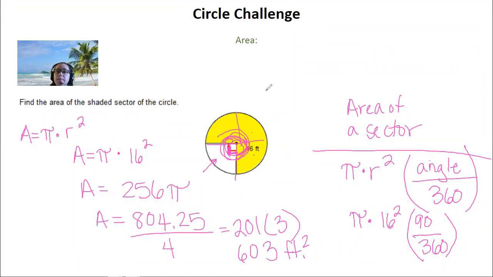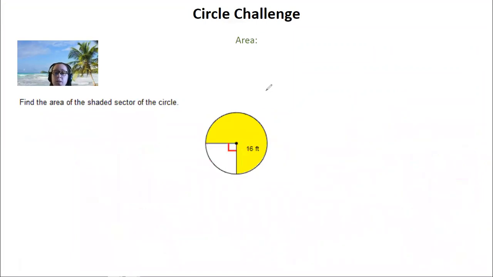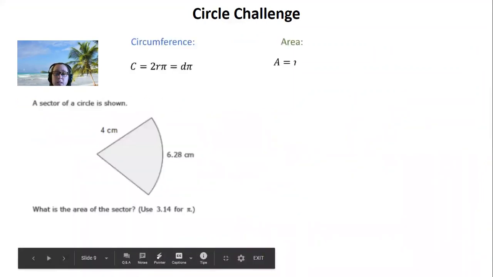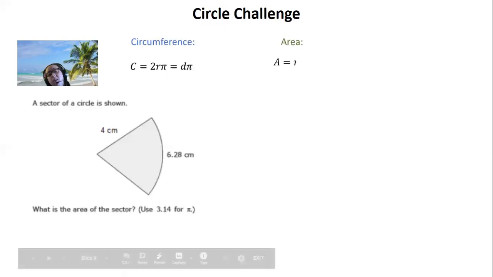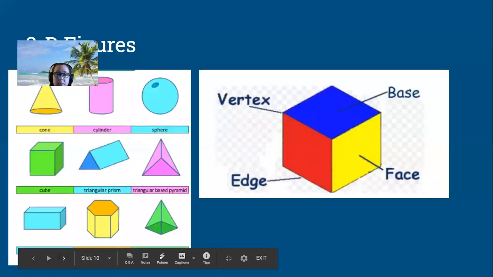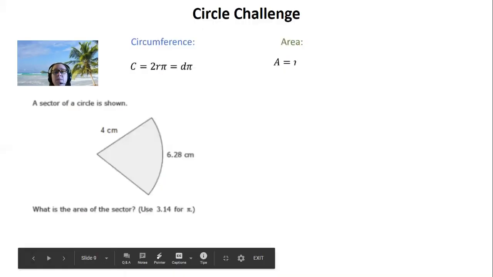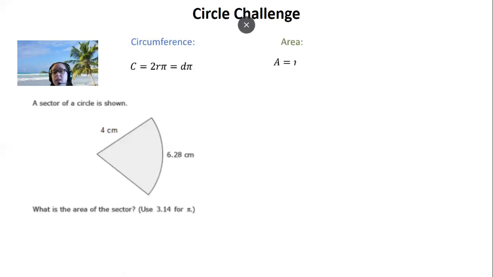So let's do another one there, guys. Okay. A sector of a circle is shown. This one is a little bit different for the area. I'm going to change it slightly.